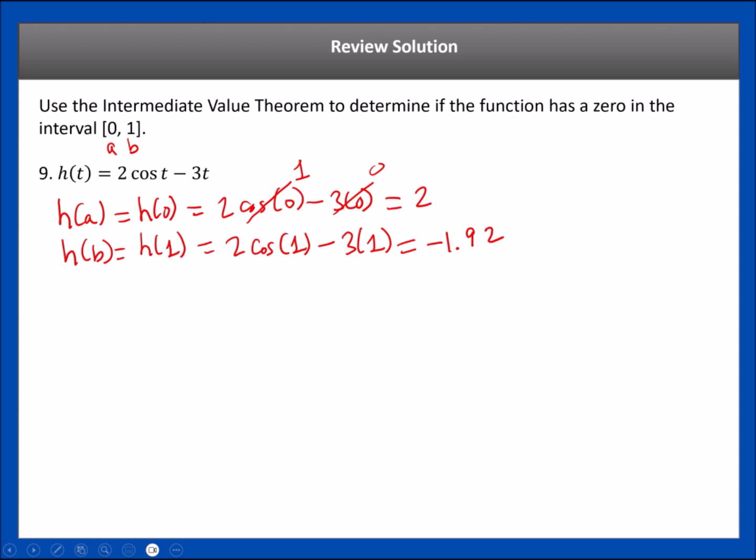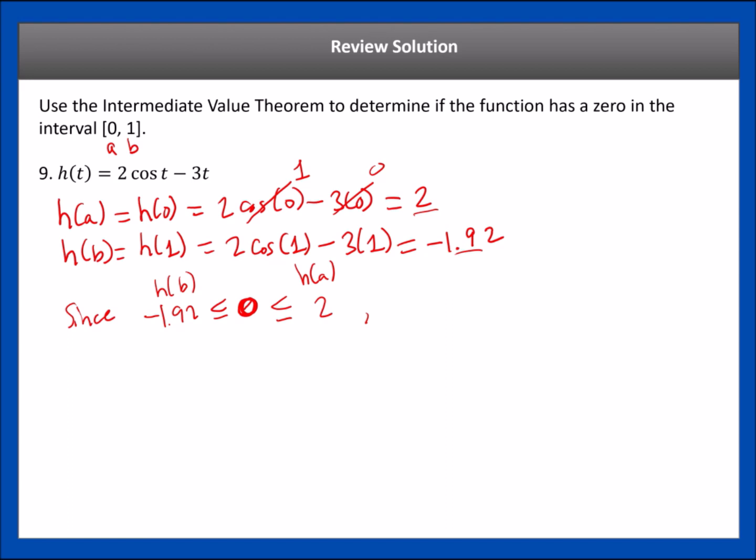Okay, so basically we have a negative number when we do this, and we have a positive number here. And we want to see if it has a 0. Well, by the intermediate value theorem, since 0 is between h of A, which is 2, let's put the negative number first. Since the number 0 is between negative 1.92, which is h of B, and 2, which is h of A, since it's between h of A and h of B, that indicates that there is a 0, okay?